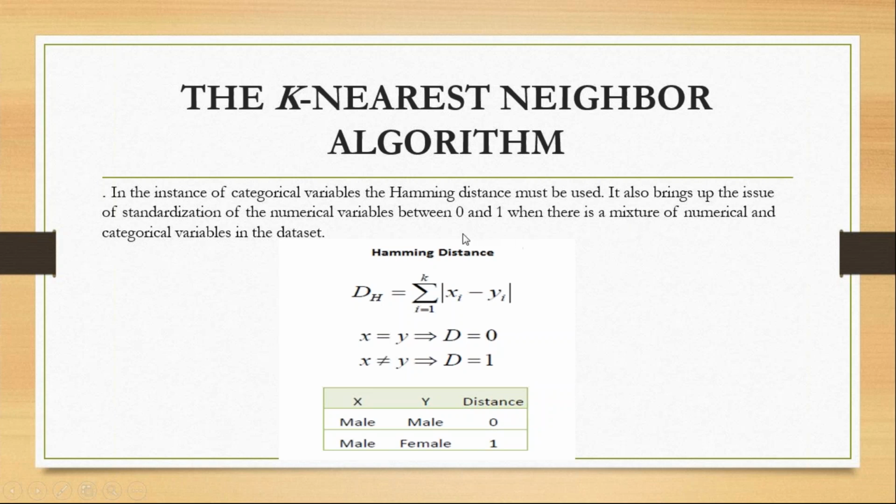So mainly here, what happens is when I have my variables in categories. In a categorical variable, I try to calculate the distance on the basis of the number of matches and the number of non-matches that I have got. In binary, I make it 0 and 1. If both are 0 or both are 1, or let's say x and y are the same, then the distance is 0. If not, then the distance is 1. So this is mainly the Hamming distance.